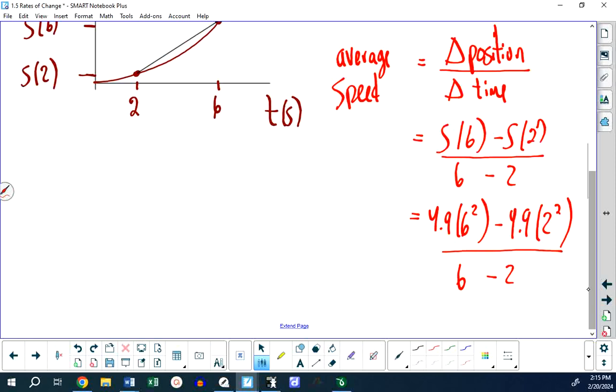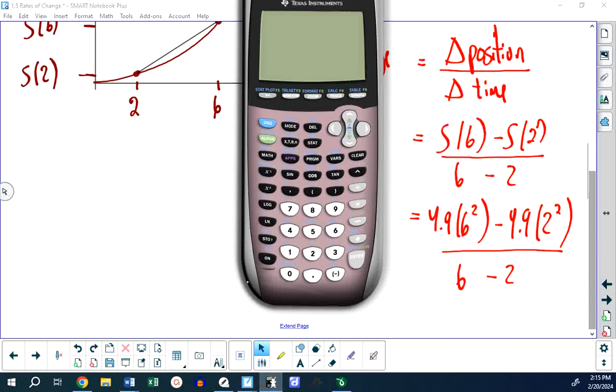And I want to point out to you that if you factored 4.9 out, and we have no reason to, we're not going to, but if you did, you'd get a difference of squares, which would factor, and one of the factors of the difference of squares would be 6 minus 2. That's important for later. So we just run this through the calculator, and I'm not going to worry about exact values for this.